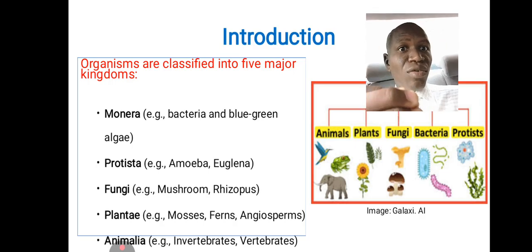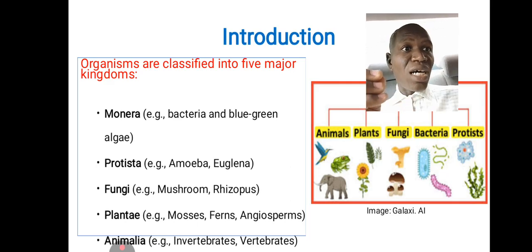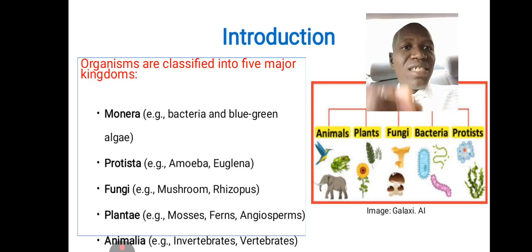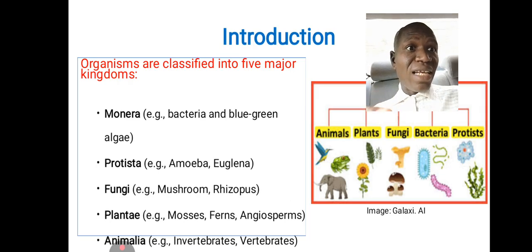Monera, this is the first kingdom. The second kingdom is Protista. Protista has to do with all these unicellular organisms like amoeba, like euglena. We have fungi, we have plants, and we have animalia. So these are the 5 classifications of living organisms. Any living organism on Earth, even on other planets, if they exist, they are classified under one of these kingdoms. I hope this is very clear.